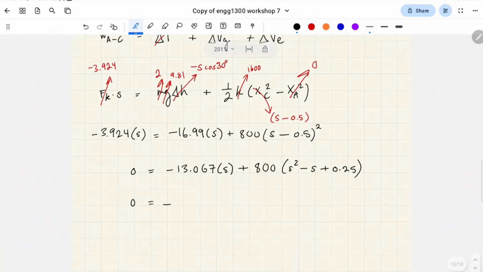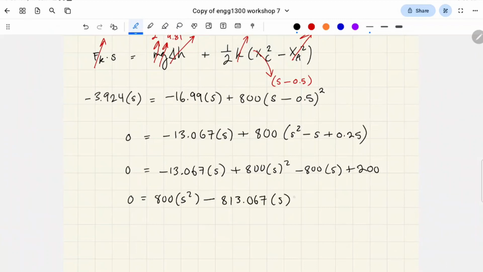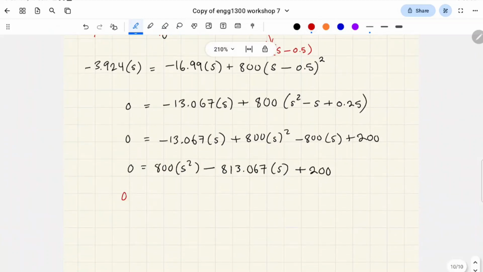Simplify. Right, plug this into the quadratic equation.